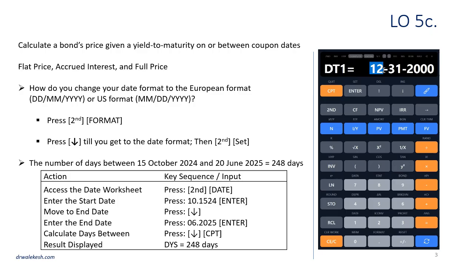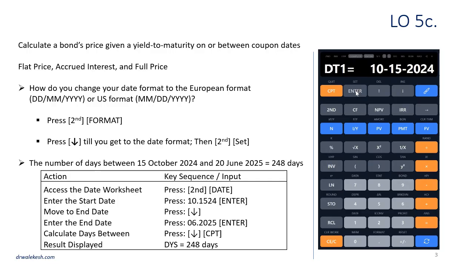Recall that we maintained the US date format. So the month, that's October, that's the 10th month. So that would be 10, dot, 15th. That's the day, 15, 2024. So I will have to press 2, then 4. Please do not forget to press enter.